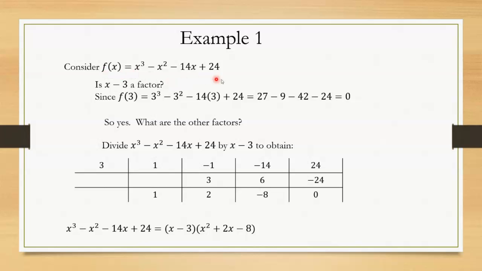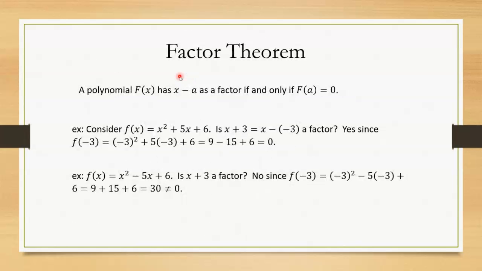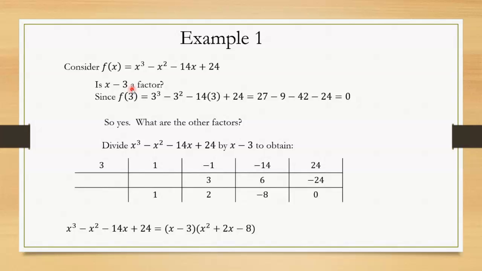Suppose f of x was this now. So f of x is this polynomial. We want to know if x minus 3 is a factor. Well, by what we just did, by this factor theorem, it's enough to evaluate the polynomial at 3.